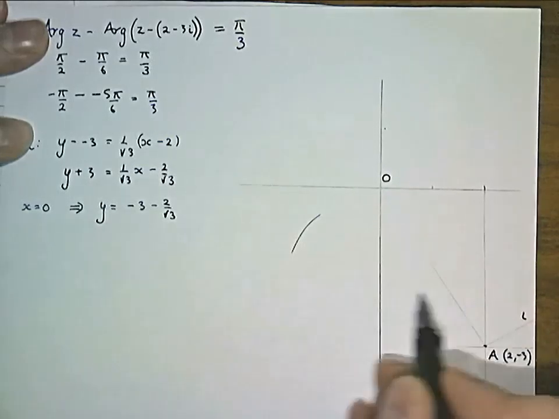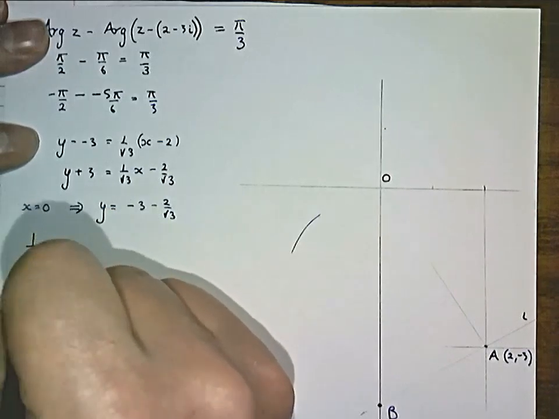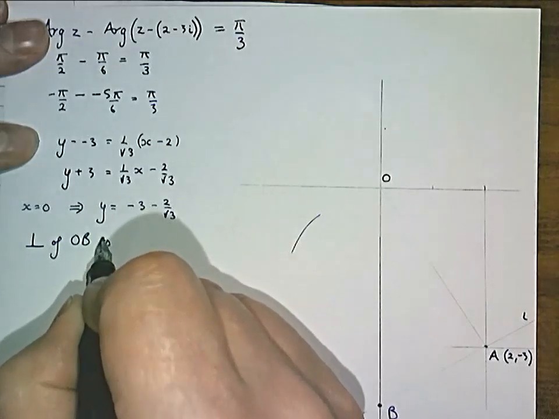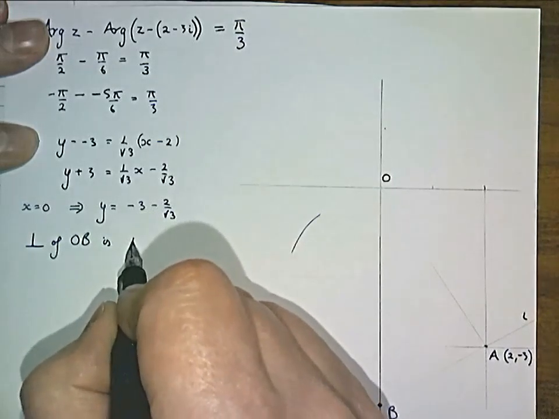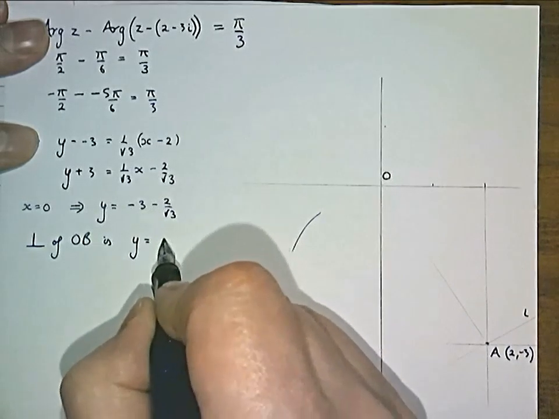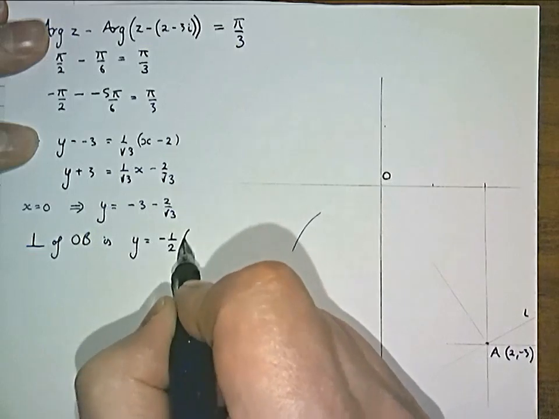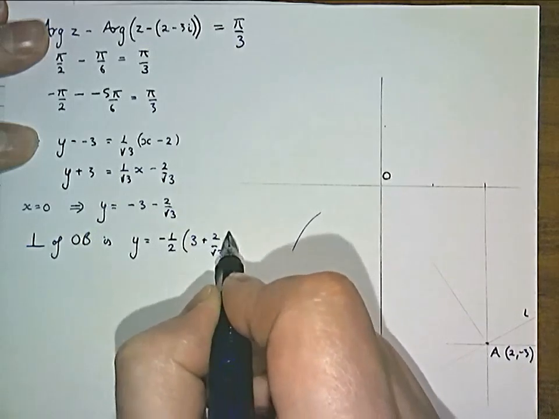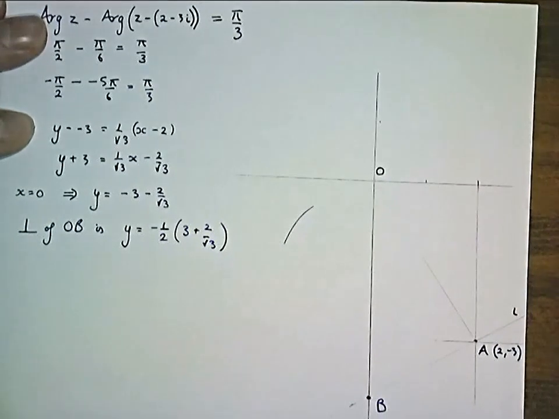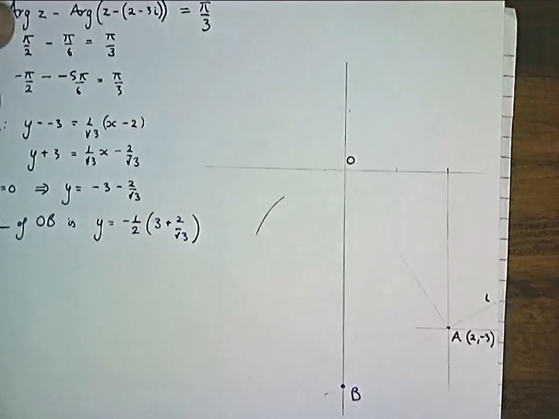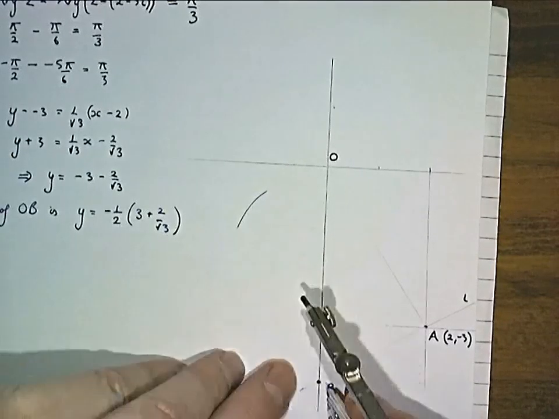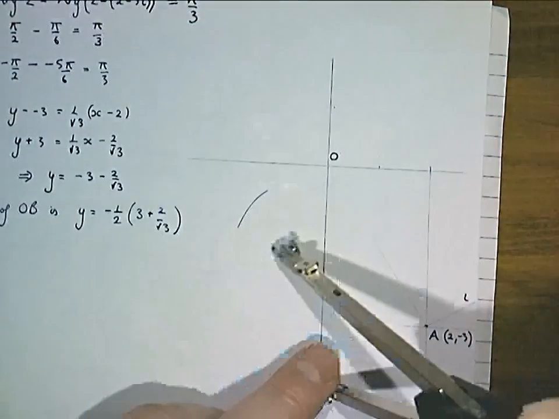So the perpendicular bisector of OB is y equals minus a half of root 3 plus 2 over root 3. So we've got one. Well, let's construct that and draw it in, see what we get. This does only take a moment.